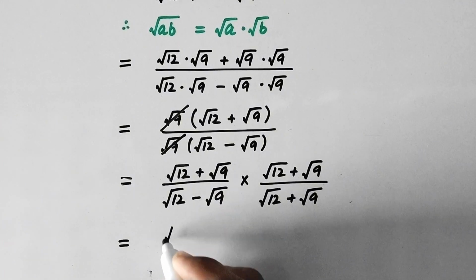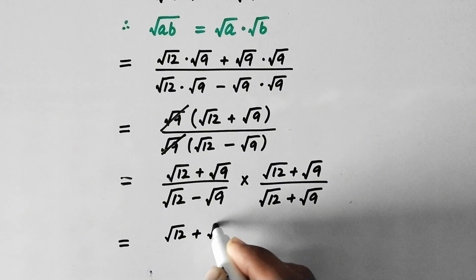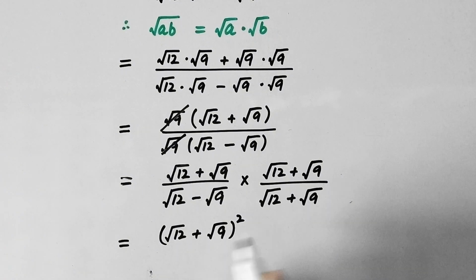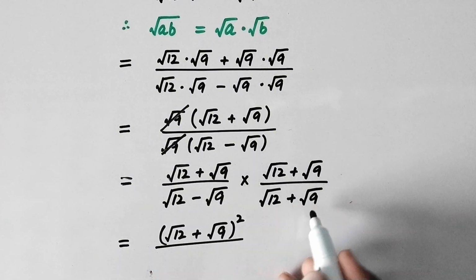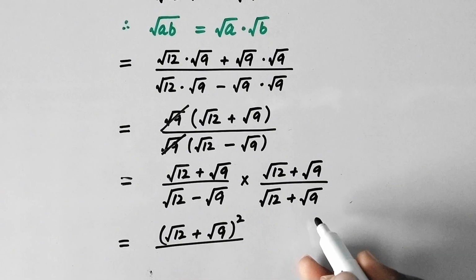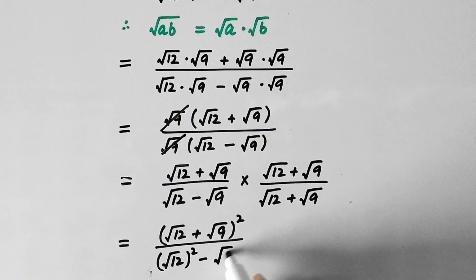So here will be square root of 12 plus square root of 9 whole square, divided by, here we have both terms in the way a minus b into a plus b. So by following the algebraic formula, here will be square root of 12 square minus square root of 9 square.